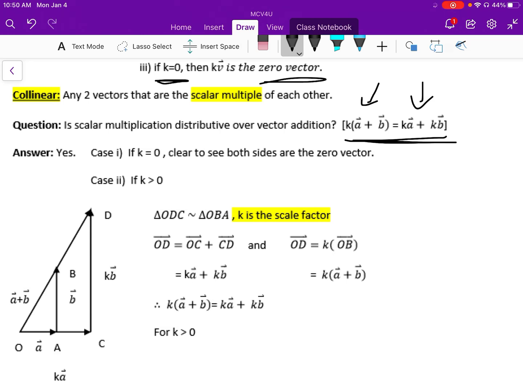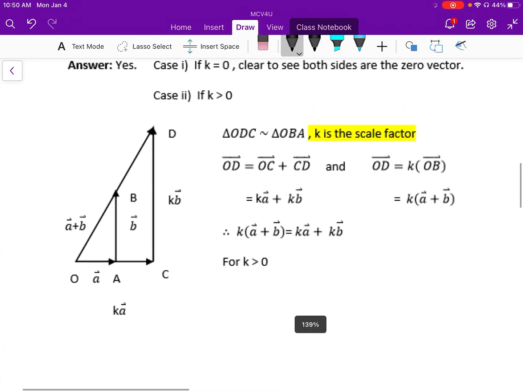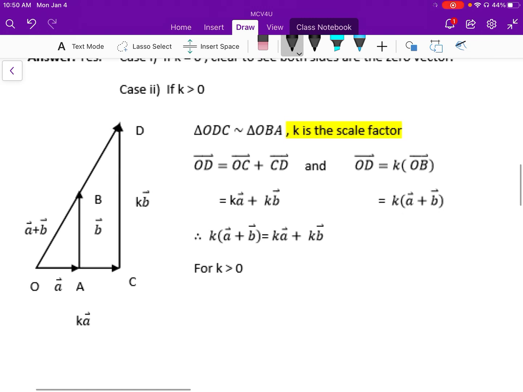If K is positive, what we do is we set up our diagram so that triangle ODC is similar to triangle OBA. Take a look at the diagram that we have. We're going to assume in this case that K is the scale factor.